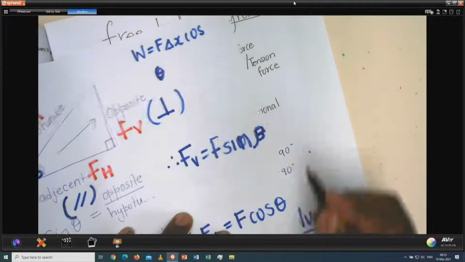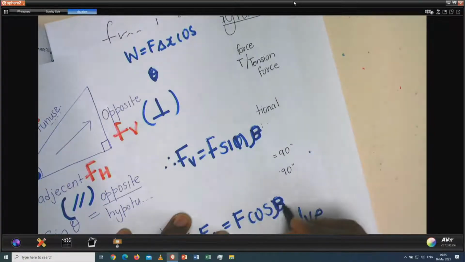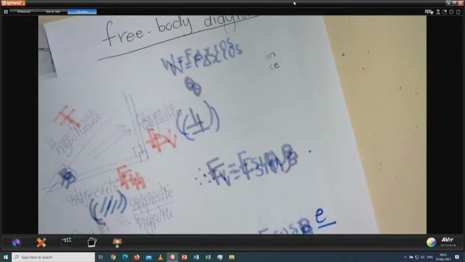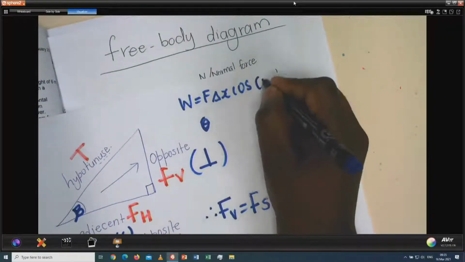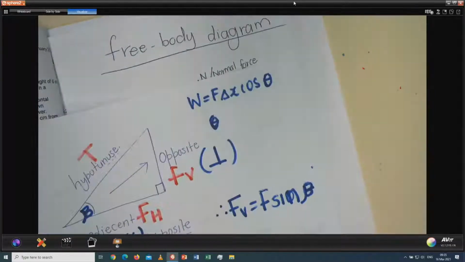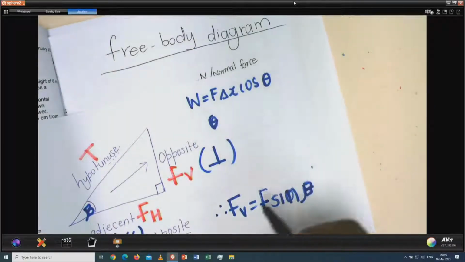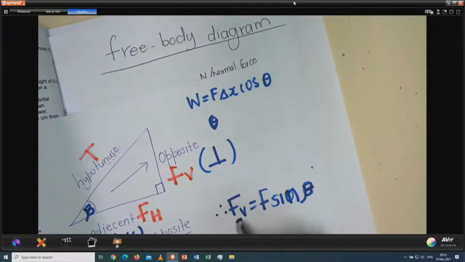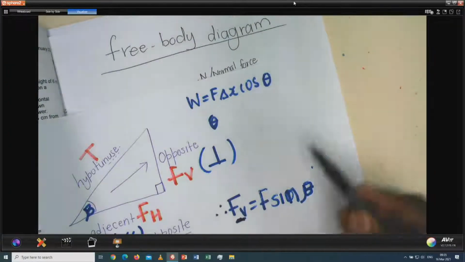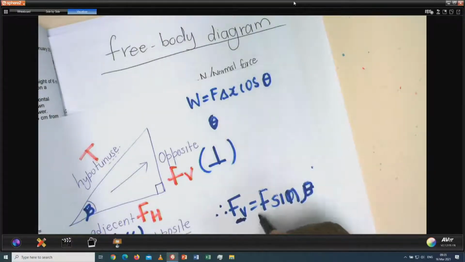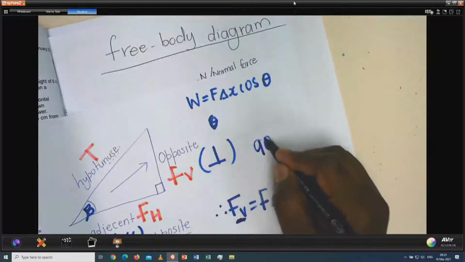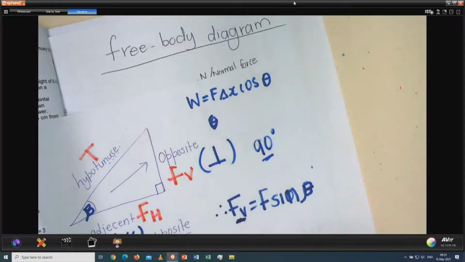Then this one will remain theta. So in this formula, that means work done by this force, which is in this direction of 90 degrees, is equal to 0.